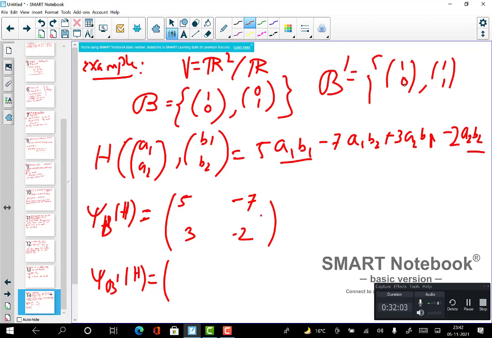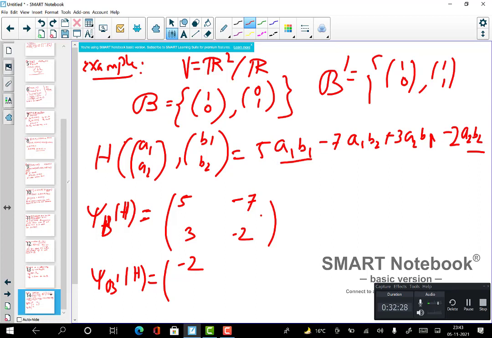So 5 a1 b1 equals 5, and then minus 7 a1 b2, where a1 is 1 and b2 equals 1, so this is minus 7.